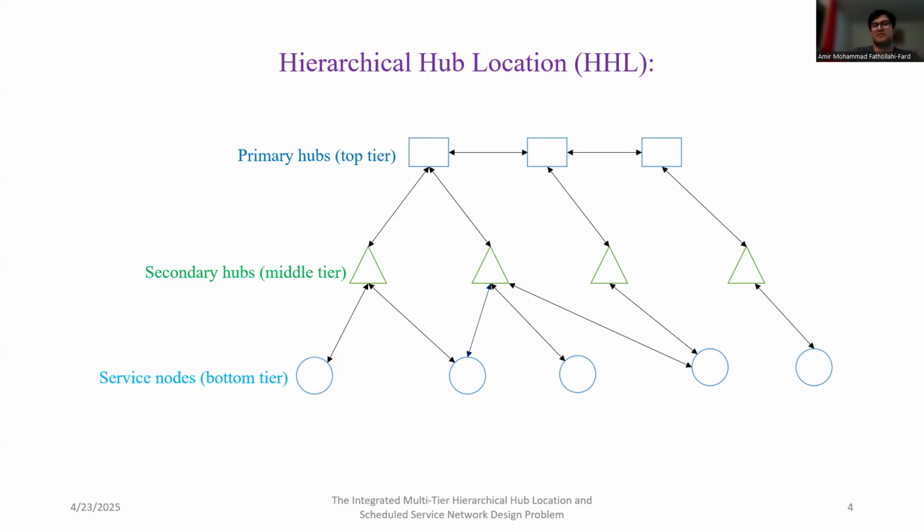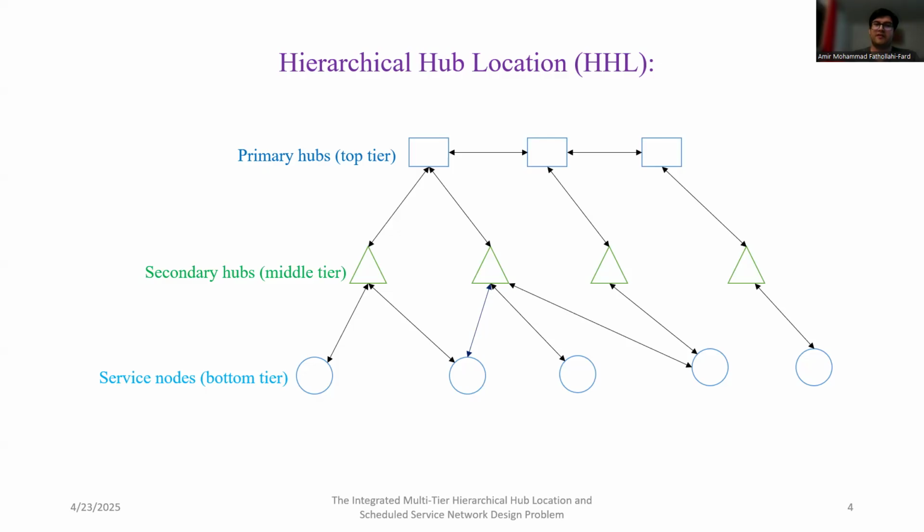In this concept, we consider some small terminals. For example, in the real world, the Quebec City terminal can be considered as a secondary hub in comparison with some larger terminals, such as the terminals in Montreal or Toronto or some other terminals, which are the primary hubs.